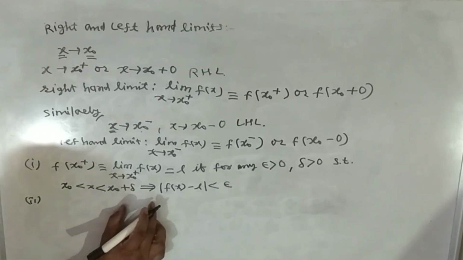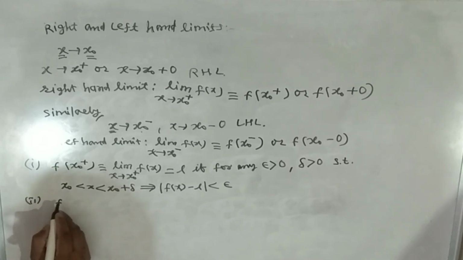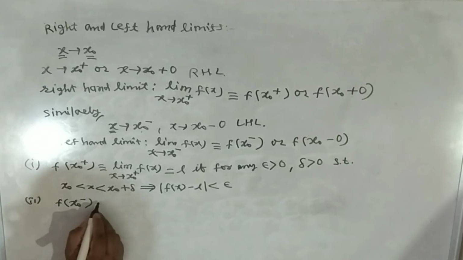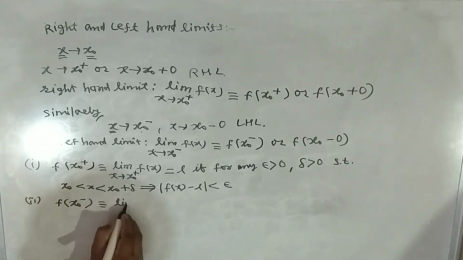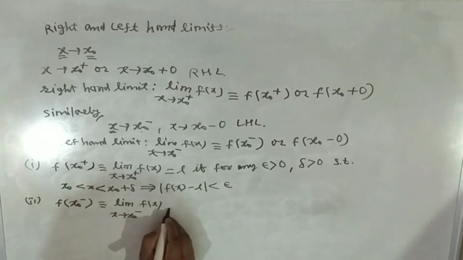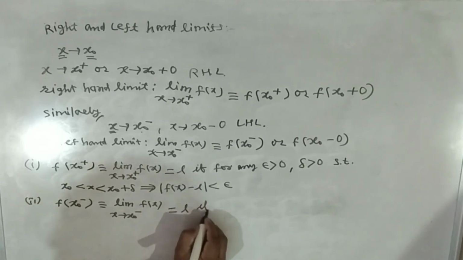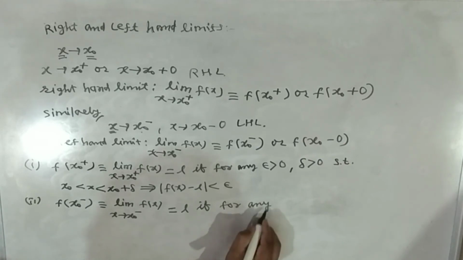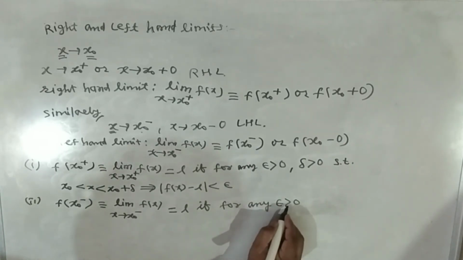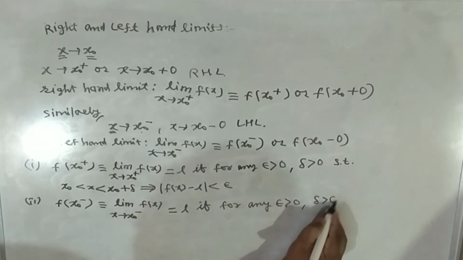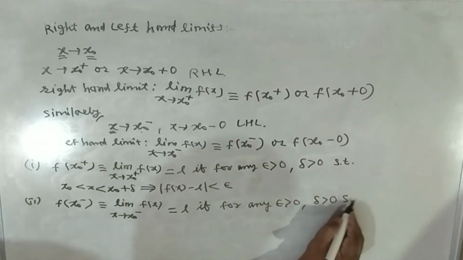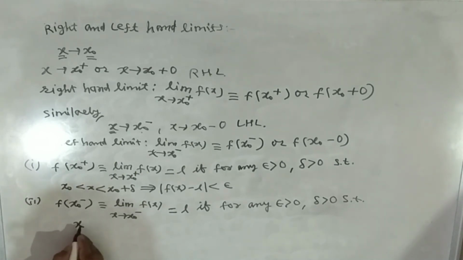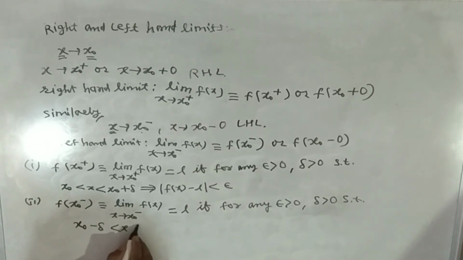Now we see the definition for left hand limit. f of x0 minus, identically equal to the limit of a function f of x as x tends to x0 minus, is equal to L if for any epsilon greater than 0, there exists delta greater than 0 such that x0 minus delta is less than x and this x is less than x0.